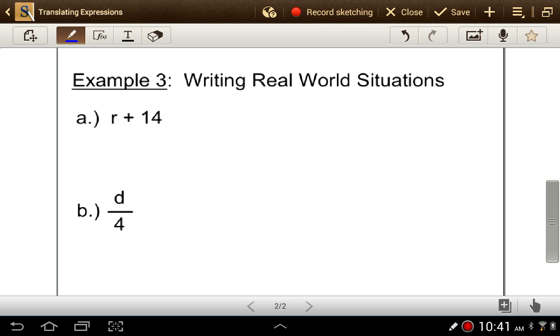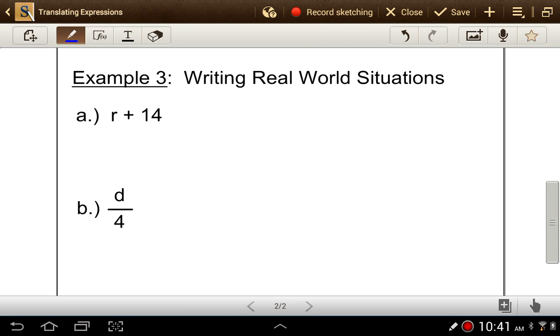In example 3, writing real-world situations. Now it's going to be the opposite. I'm going to give you the mathematical expression. You are going to give me the real-world application. So the first example, I'm just going to do some basic ones, not very interesting, just very mathematical. So if I said something like R increased by 14.